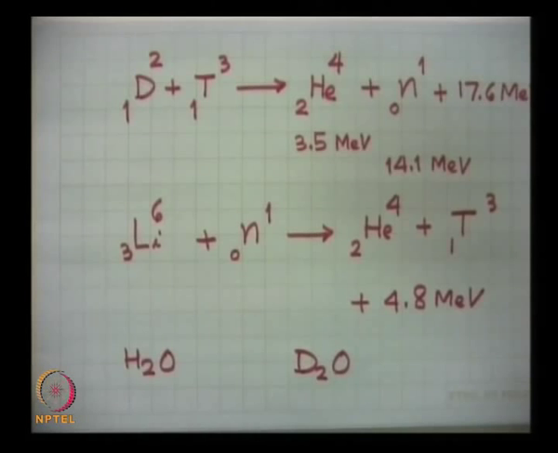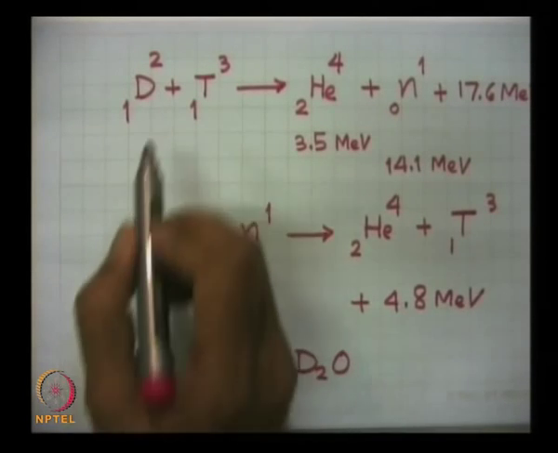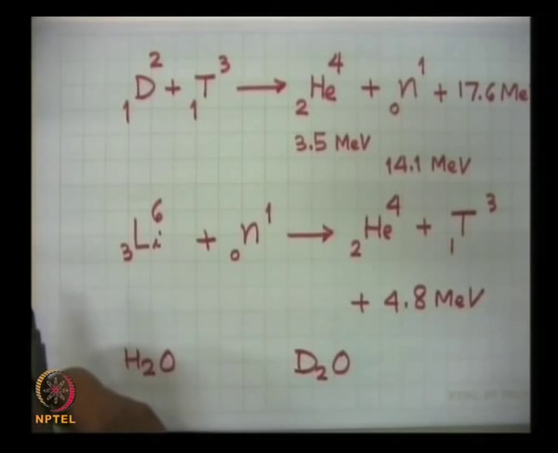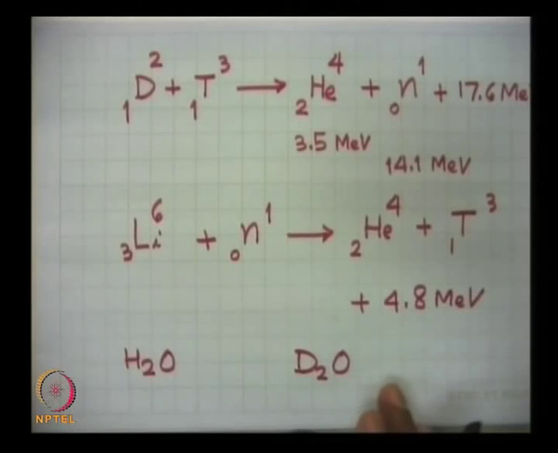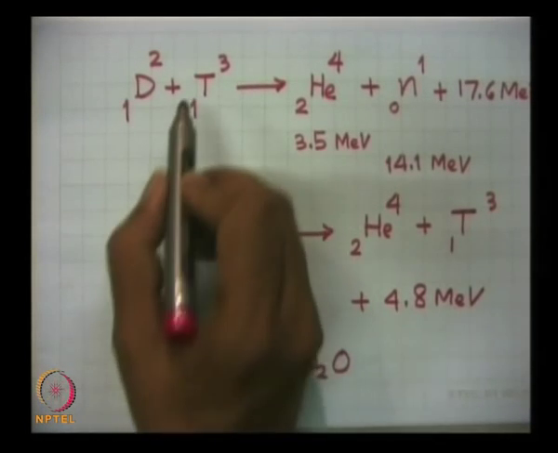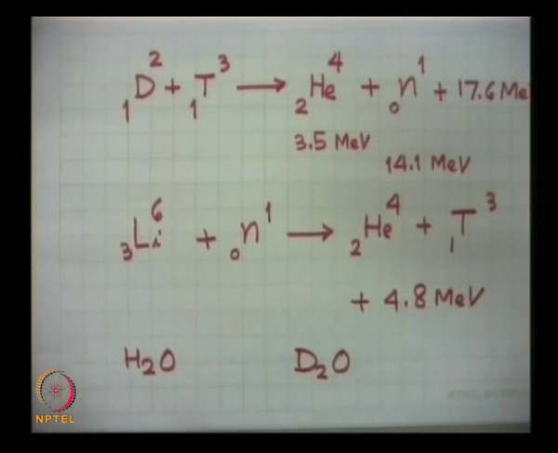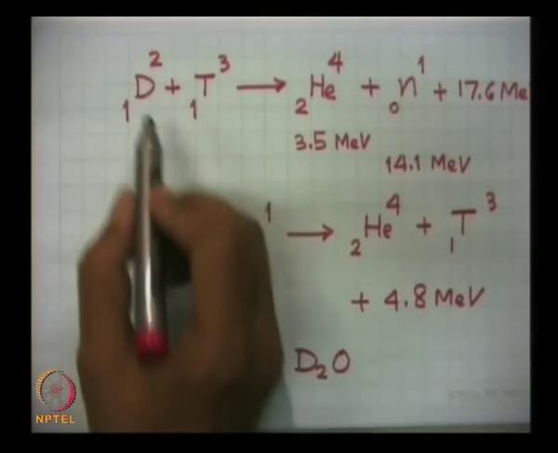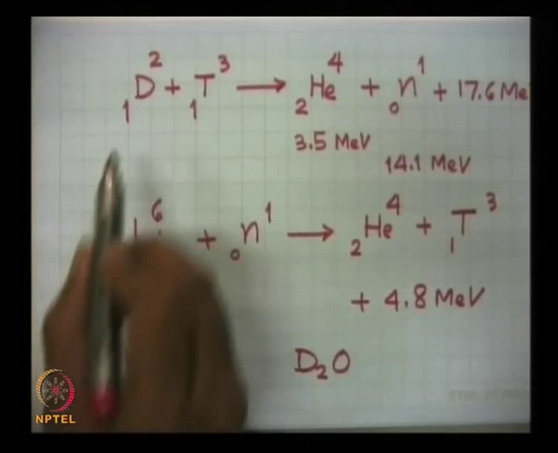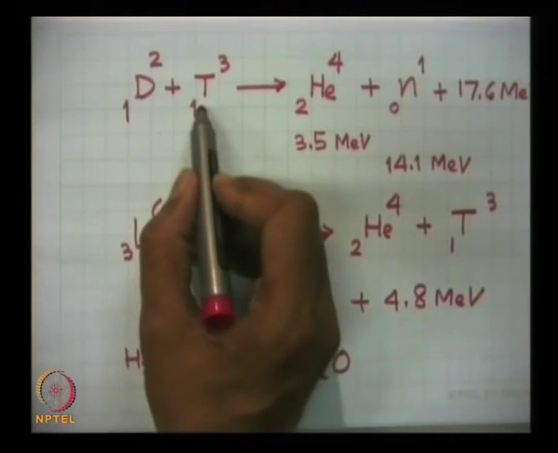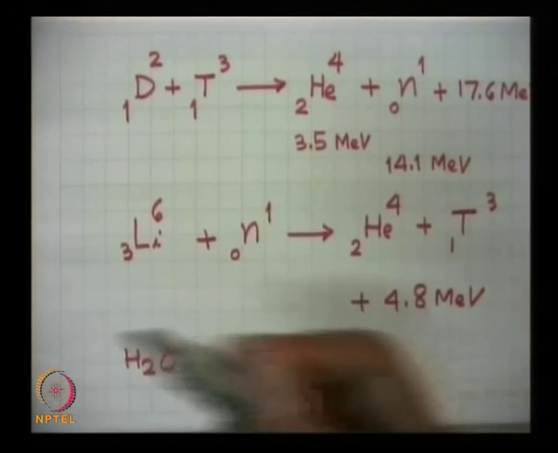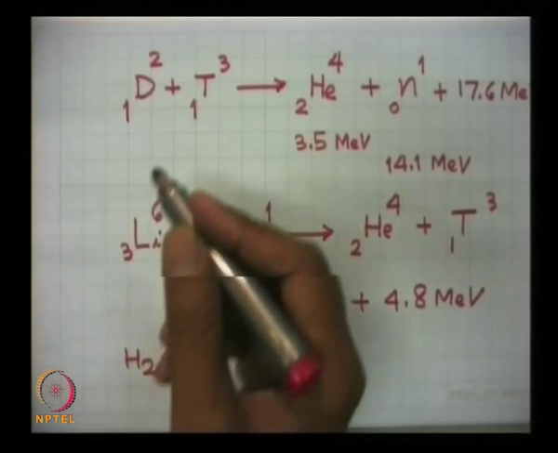The problem is that if you want to undertake this reaction, the nuclei have to overcome a very strong repulsive force between the two, because both are positively charged. This has a proton in the nucleus, this also has a proton. When they come very close to each other, they repel via Coulomb force.